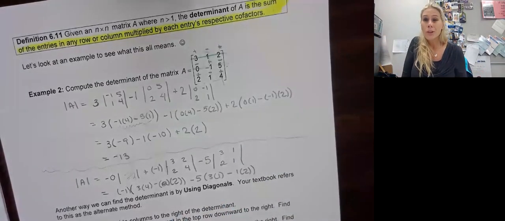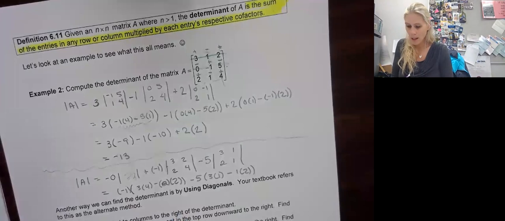And this time I'm going to do it all in my calculator, and you can try it out to see that you come out with -13. 3 times 4 minus 5 times 3 minus 2.